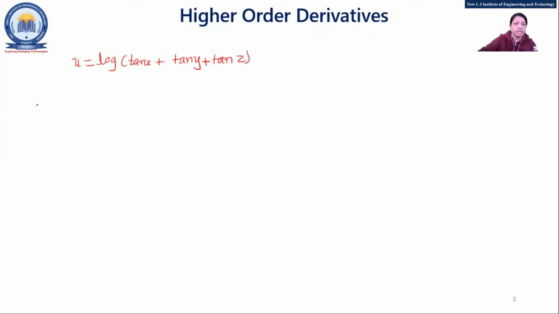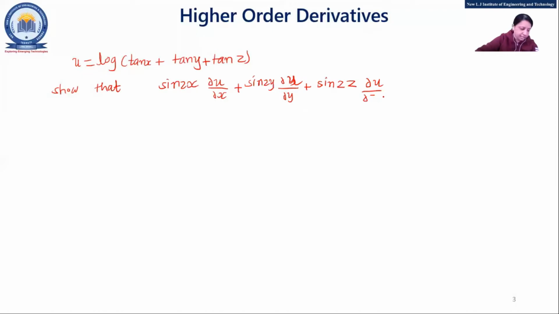Then show that sine 2x del u by del x plus sine 2y del u by del y plus sine 2z del u by del z equal to u cube and y square. You just have to prove this property.